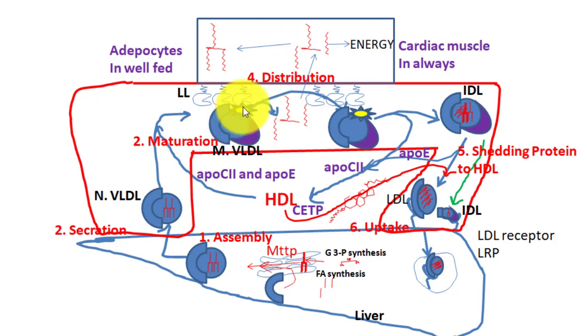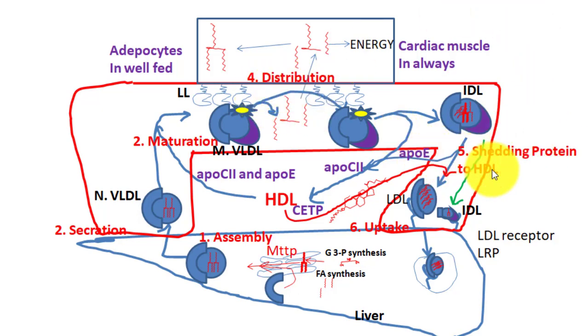After distribution, mature VLDL will be distributed very rapidly, and then it will shed its apoC2 protein back to HDL. This is the fifth step, the shedding step. Fourth step, distribution.